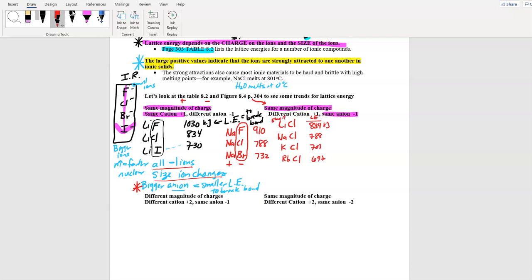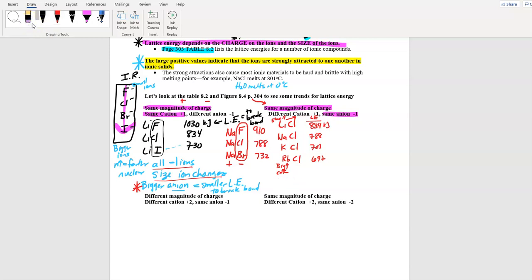Small cation, big cation. The bigger the cation, the smaller the lattice energy needed to break the bond. Same story, I just took one word out and changed it. So, the larger, and actually I like that word better.